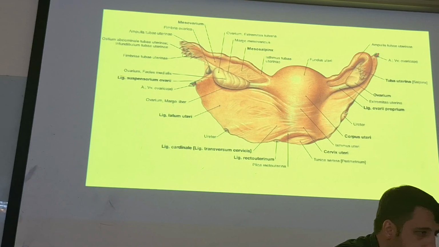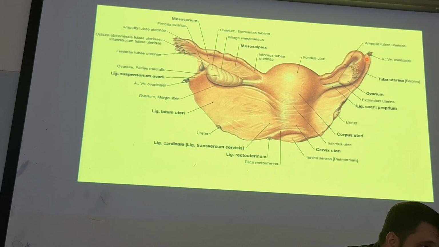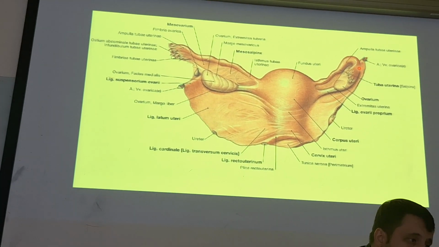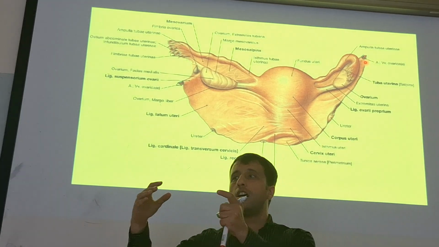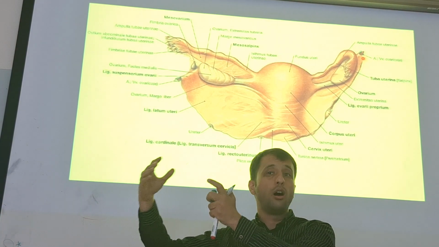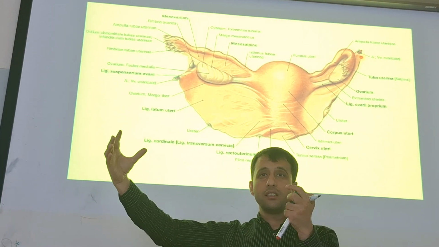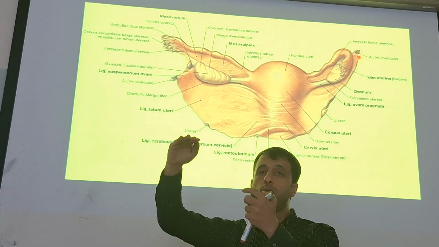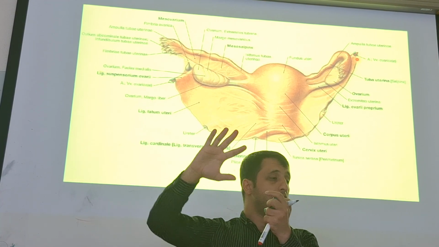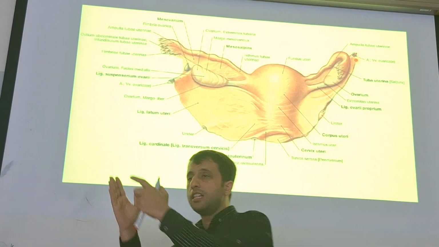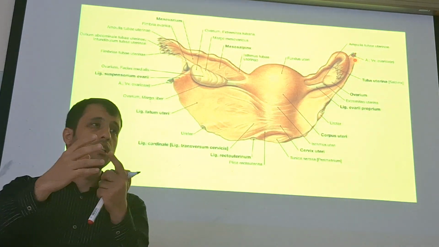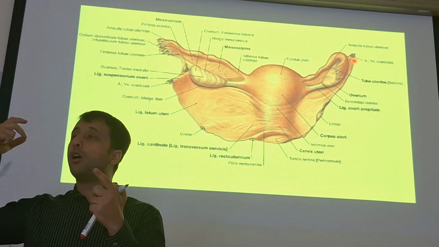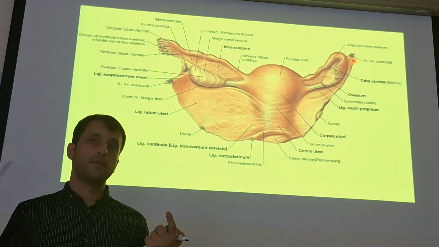Look here. It is the suspensory ligament. It is the continuation of the broad ligament at the upper pole of the ovary, which makes a space, a route for the ovarian artery and vein.